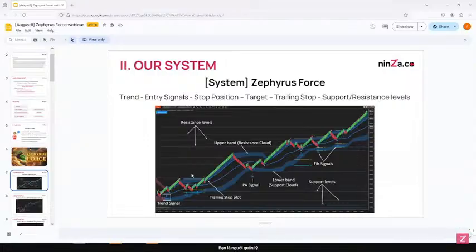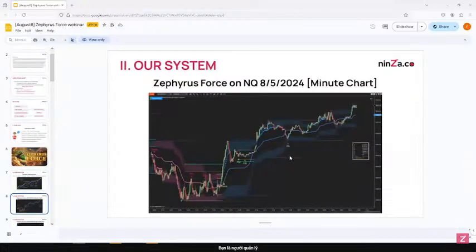So it has a trend and two types of pullback: Fibonacci and PA pullbacks. Those are pullbacks into the cloud, and we're going to see those. It is a deeper pullback than a Fibonacci pullback. It is a pullback into this cloud. Here is one of them, a PA pullback.